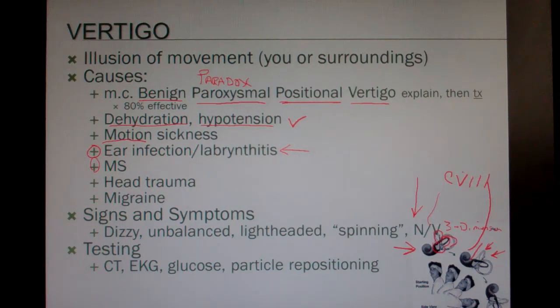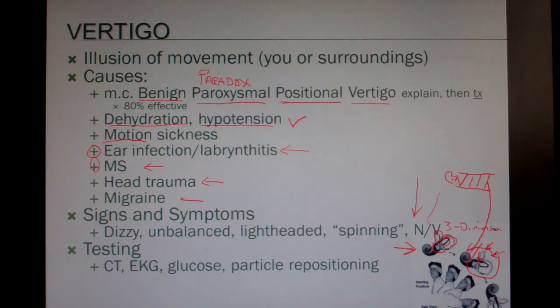Cranial nerve 8 is your vestibulocochlear nerve, and the vestibule, this is the cochlea part right here, but the vestibule is the body and the semicircular canals. If that nerve is messed up for any reason, including multiple sclerosis, then of course you would have vertigo. Whack yourself in the head really bad, things spin around.